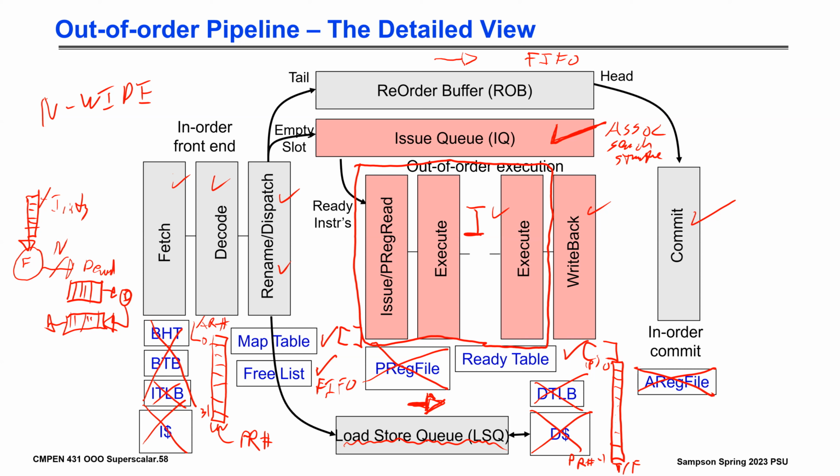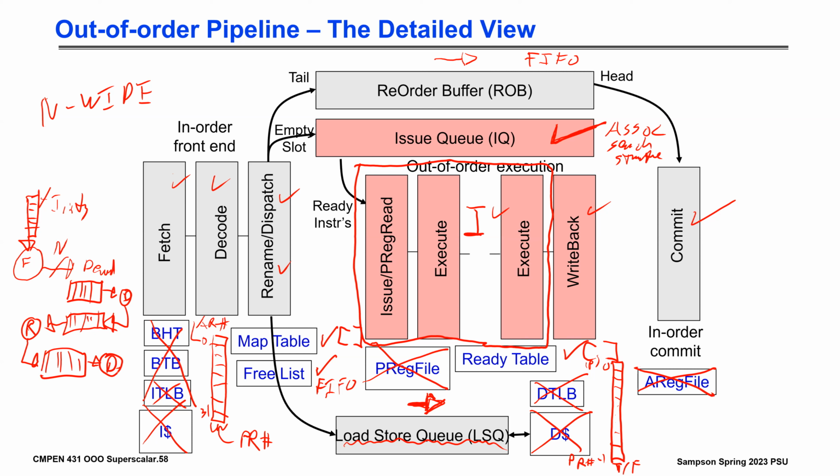Right, so these instructions haven't been fetched yet. After fetch, they've been fetched but not decoded, right? And then after decode stage, they've been decoded but not renamed, right? And after rename, we're going to put them in a set of instructions that have been renamed but not dispatched, right?